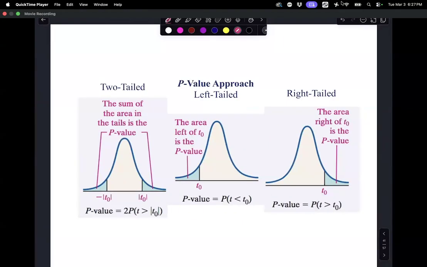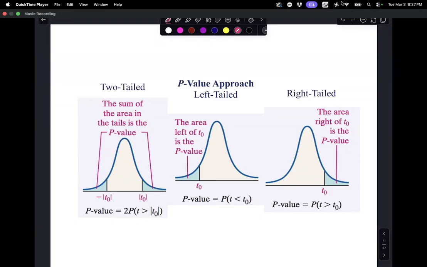I didn't tell you guys this yet, but I'm going to tell you anyway. When I was teaching AP stats at the high school, they kept forgetting whether the p-value was supposed to be less than or greater than the alpha.